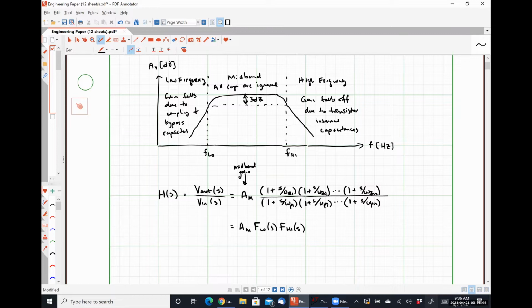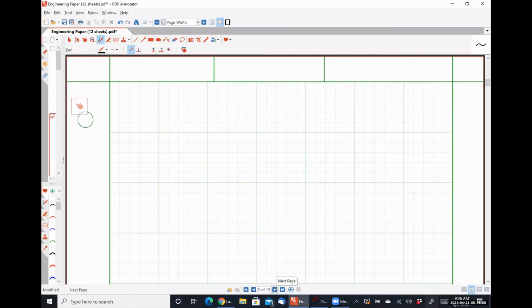So we can work the circuit in 3 different regions of frequency so that we understand how it behaves across all frequencies. With that in mind, let's look at the frequency response of a common source amplifier.